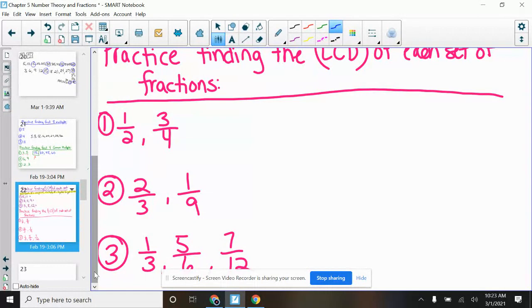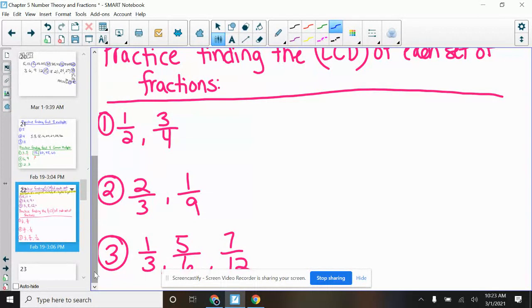I want you to get to the point where you don't have to list all the multiples, but you could just look at 2 numbers and instantly know the smallest multiple they have in common. Some of you can already do that. But others of you are not there yet, and that's okay. So you might need to list the multiples.